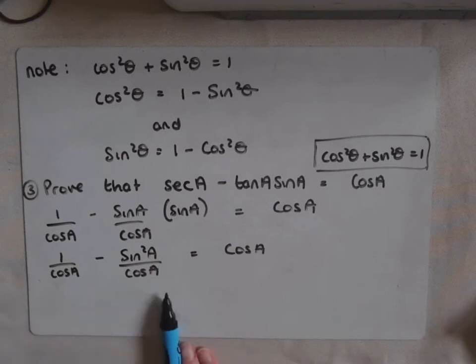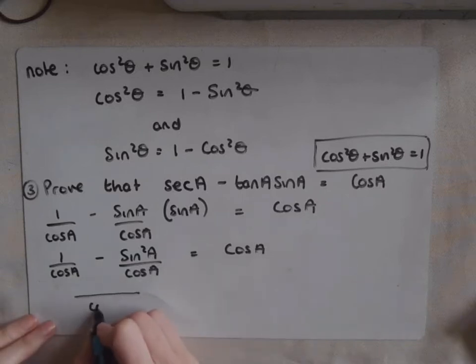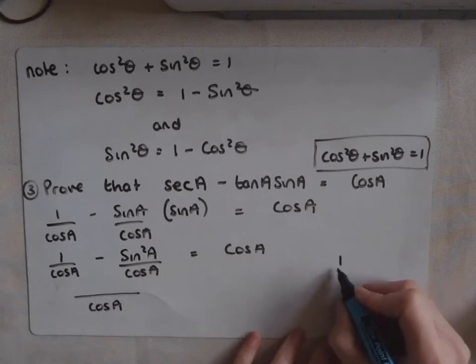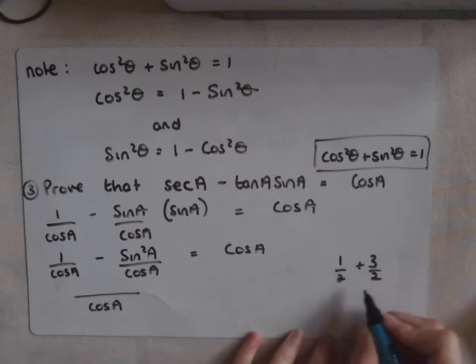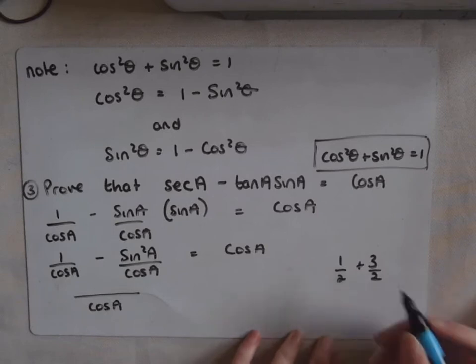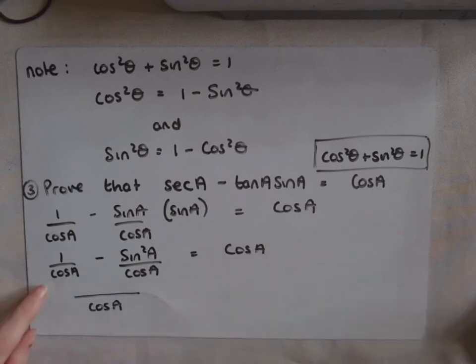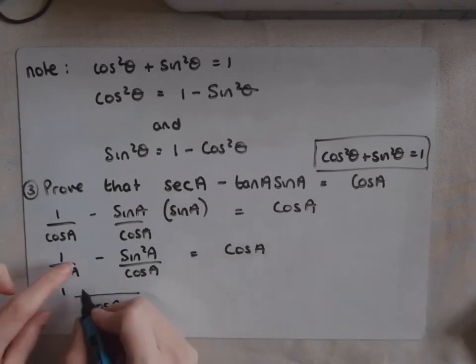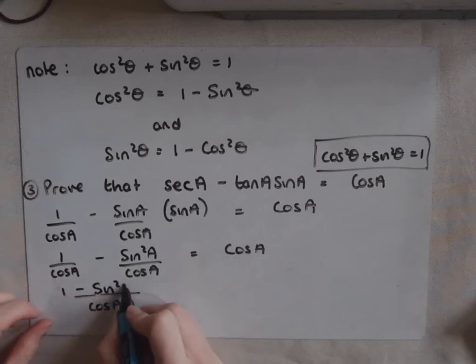Cos of A and cos of A are both over the same denominator, so my common denominator is just cos of A. If you have 1 over 2 plus 3 over 2, the bottom line is the same, so I can just add the top line. That would be 4 over 2. Same thing here. So I end up with 1 minus sine squared A.